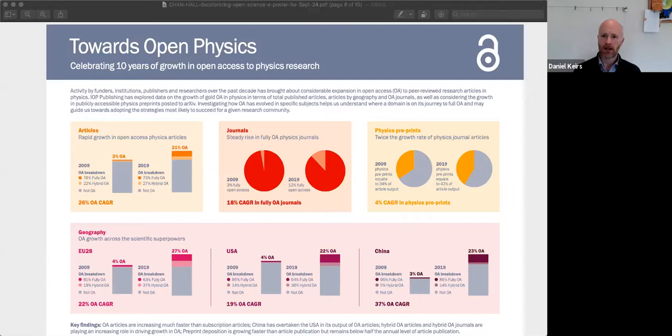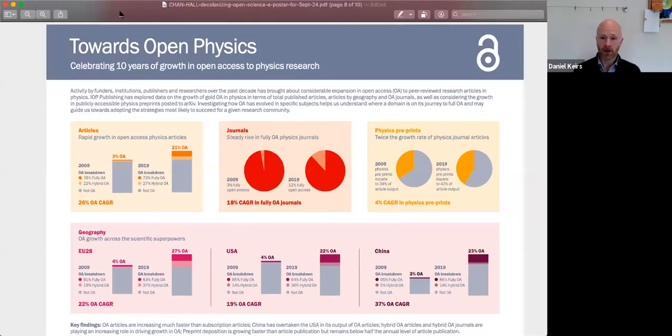And we think this gap could be relatively quickly and easily closed, thereby rapidly expanding public access to physics results, if preprints were considered a compliant route to OA in physics when funding support for gold open access isn't available.